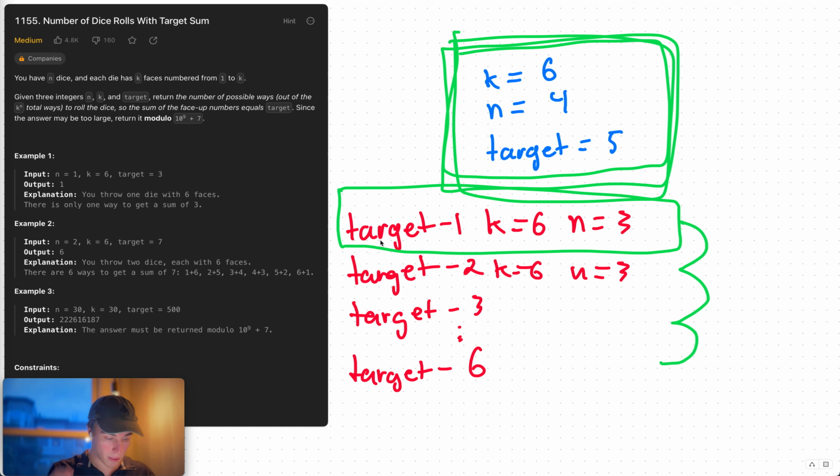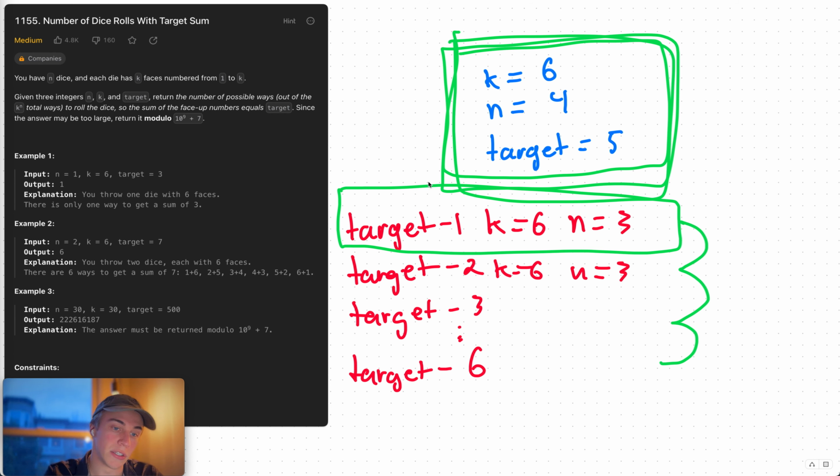with 4 dice and a 6-sided die. Okay, so I think we have some sort of relation defined. Let's think about how we're going to implement this. Well, if I'm modifying the number of dice that I need to have and modifying the target, that gives us 2 dimensions.